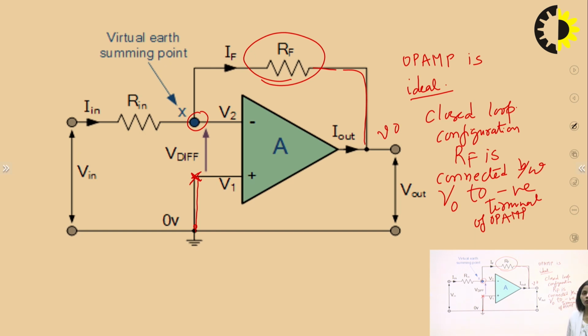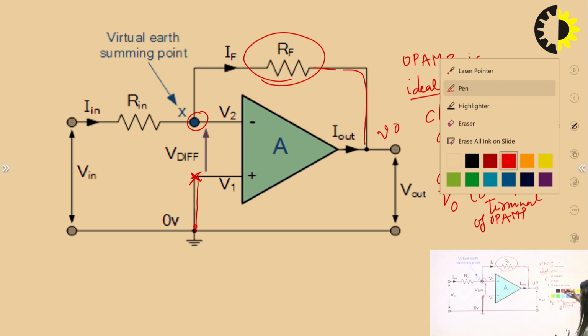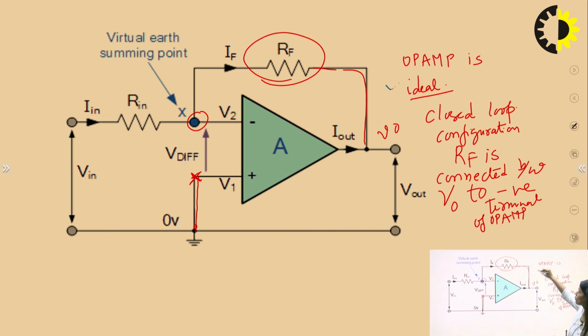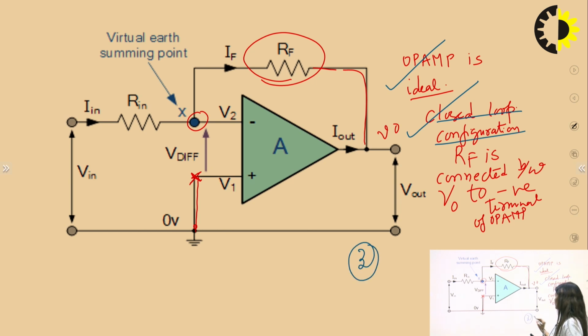So one more important characteristic of the op-amp to understand is that if these two requirements are fulfilled, let's say first the op-amp is ideal and it is working in closed loop configuration, right? Then the third requirement, which is mandatory, is that it should follow the virtual ground concept.